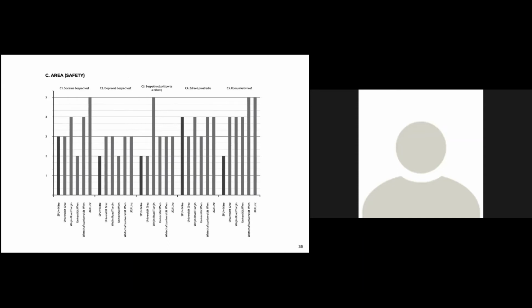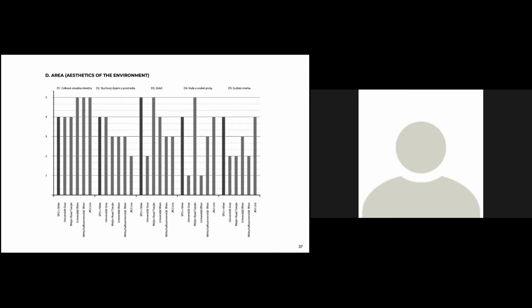In the area of safety, we need to improve communications and traffic safety. But in the aesthetics of the environment, we were on top in the categories greenery and water elements, and the human scale, which was surprisingly nice.